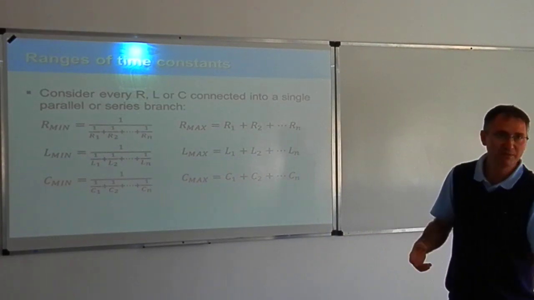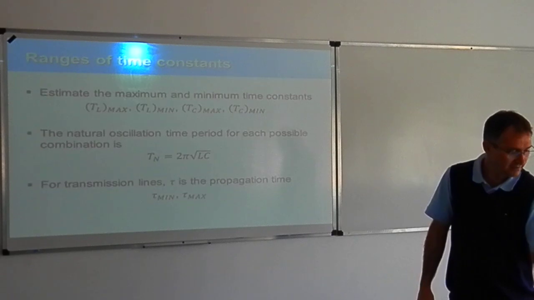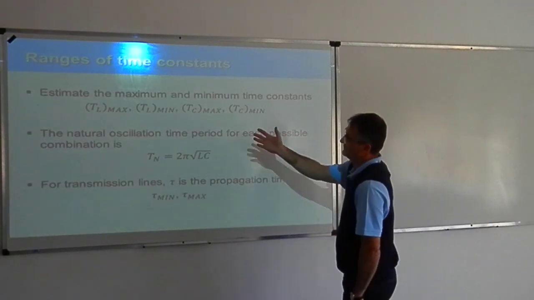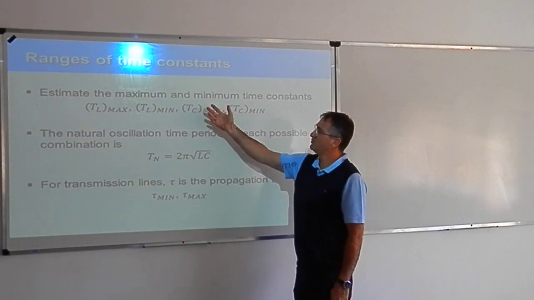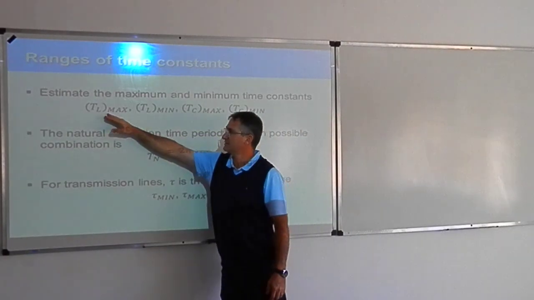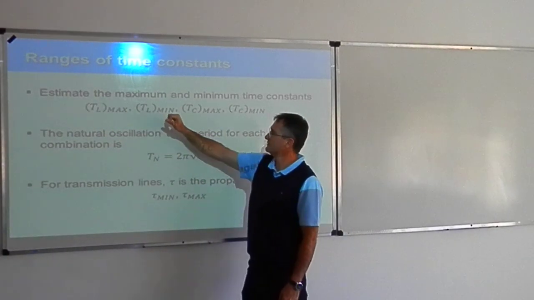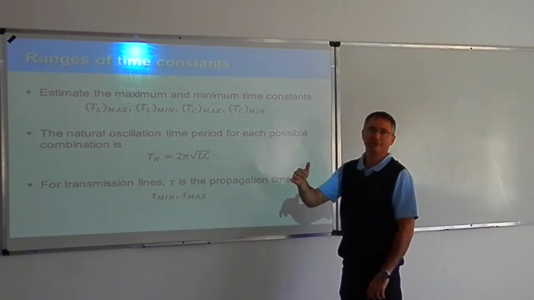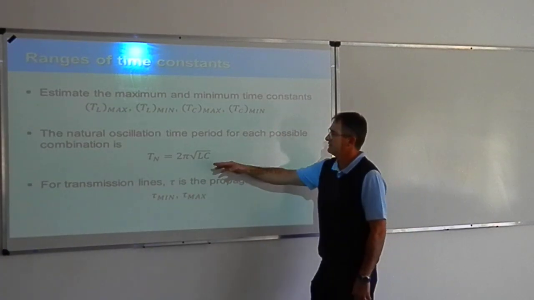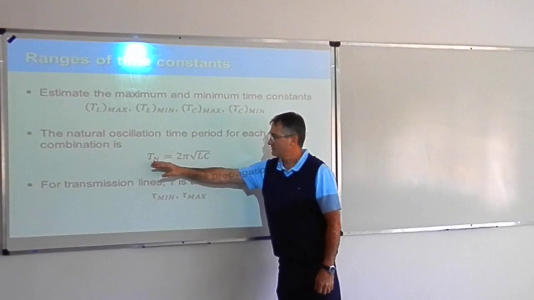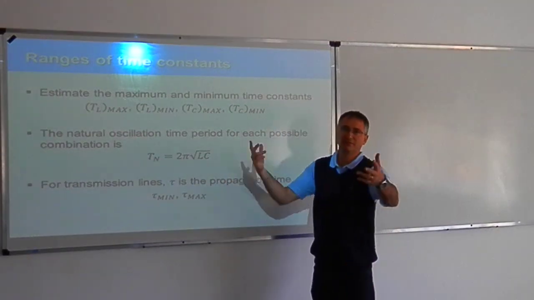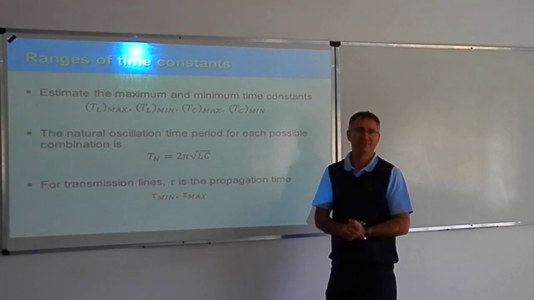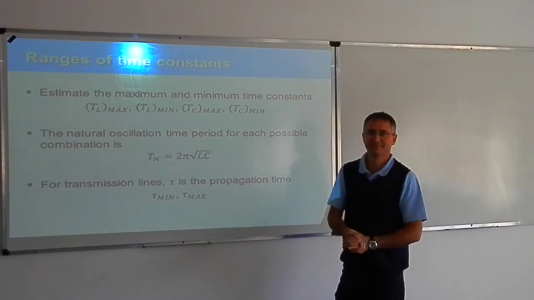Having those maximum and minimum values allows you to calculate what the time constants would be when you have an RL circuit or RC circuit, or even when you have an RLC circuit. You can calculate the natural period of oscillation, which is the inverse of the frequency of natural oscillation of the system.